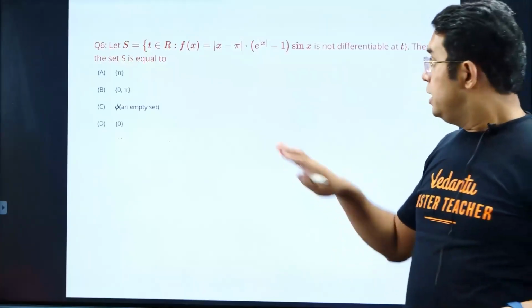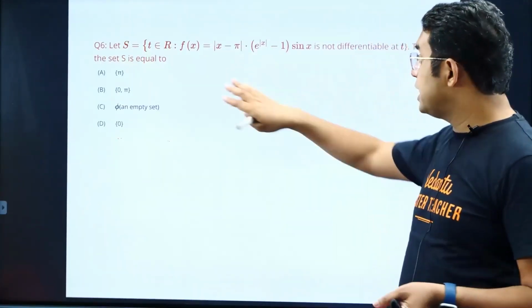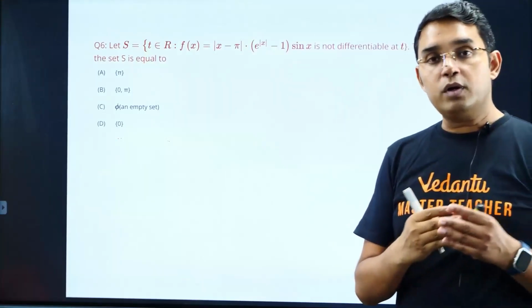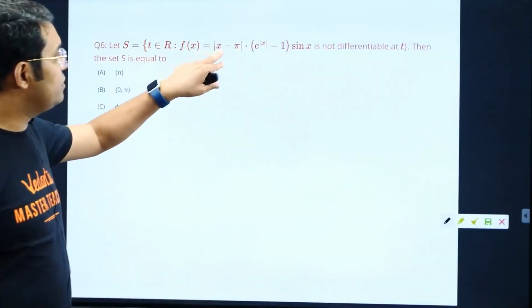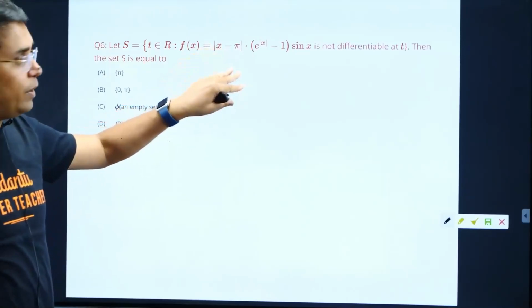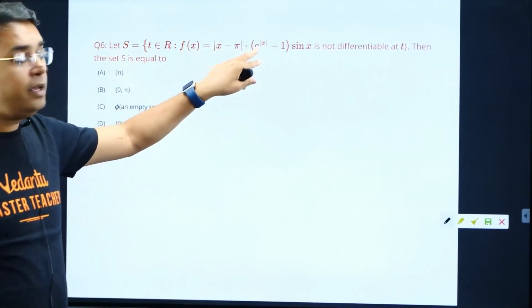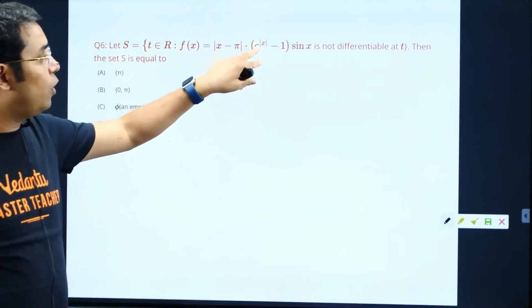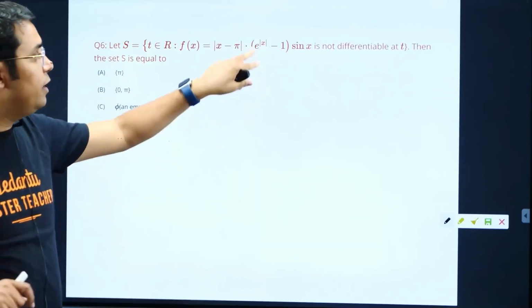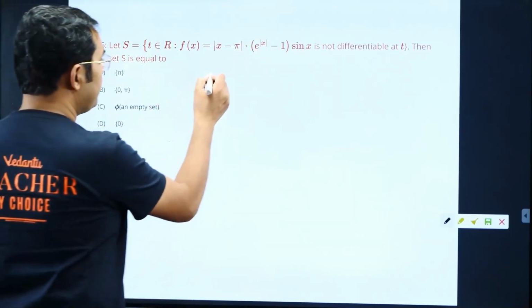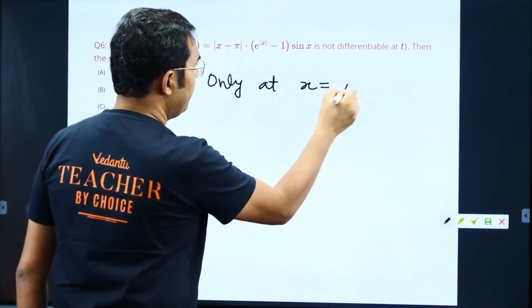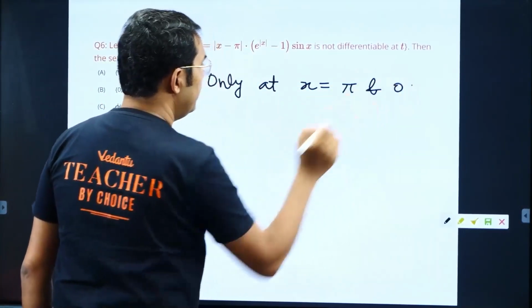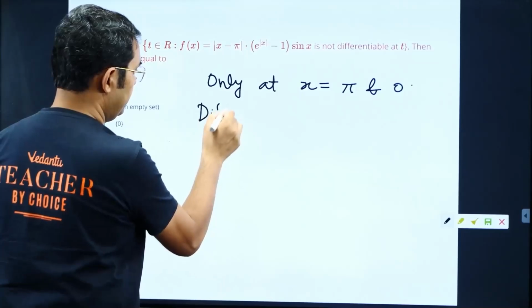So if the mod sign was not there, it would have been totally differentiable. The only points we should doubt are pi, where mod of x minus pi changes its sign, and x equal to 0, where mod x, which is on the power of e, changes sign. So only at x equal to pi and 0, differentiability is to be checked.